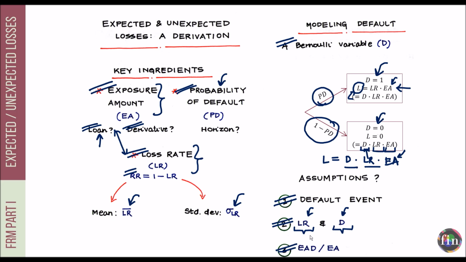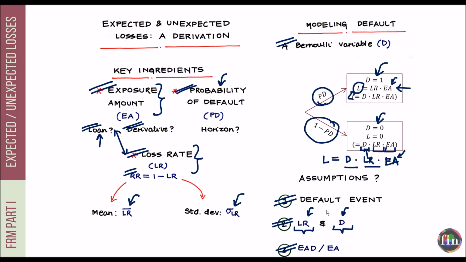Then something which I've already said before also, let me restrict myself in terms of EA. Let me not really capture the variability of this EA. Let me just work with something like an expected amount if it's a derivative, or let me just work with a simple position like a loan or a bond. Let me restrict the type of positions I'm working with. So I'll be capturing the variability which comes from LR and D, but not really variability which comes from EA.